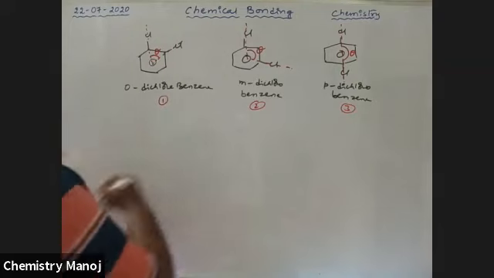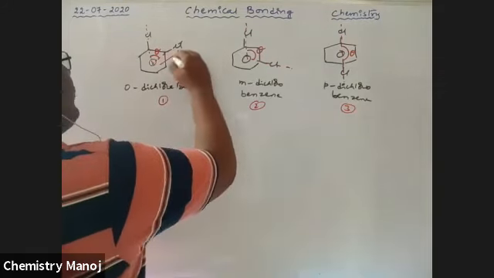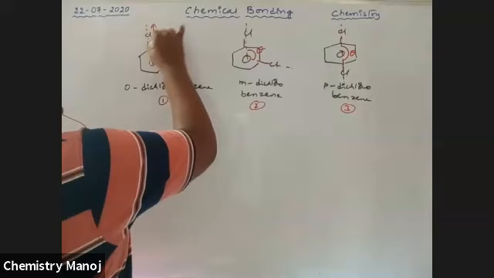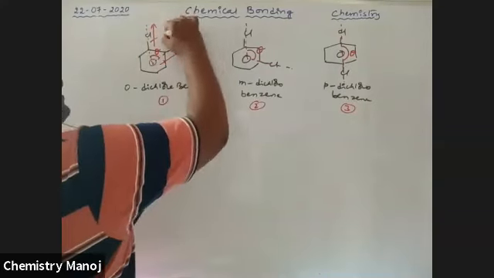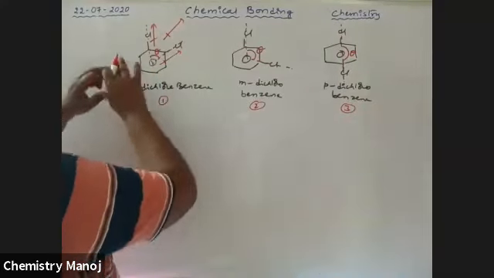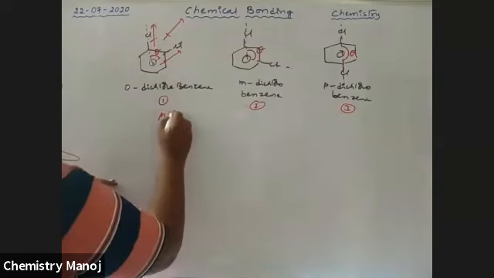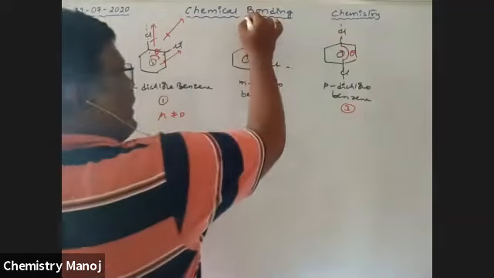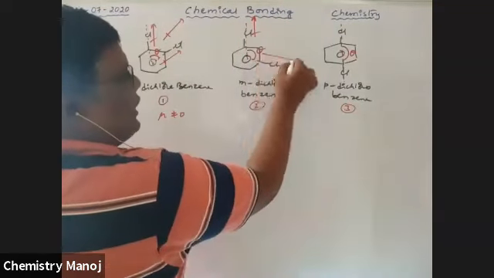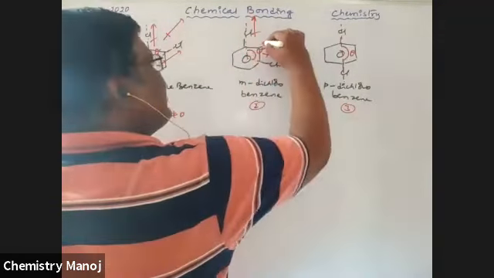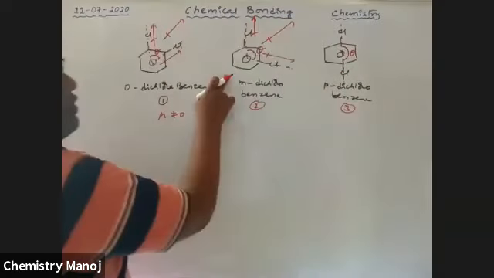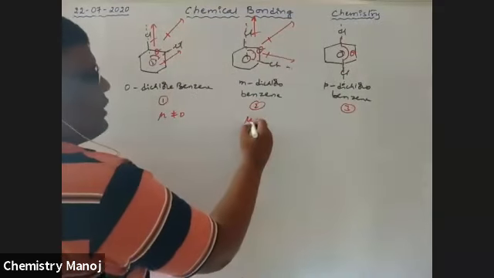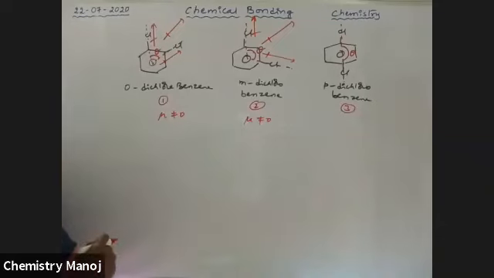This is the direction of dipole moment, and this is the direction of dipole moment. These two give a resulting value like this, so it is not equal to 0. Next, here is the direction of dipole moment, and here is the direction of dipole moment. Here is the resulting value. Therefore here also mu is not equal to 0.